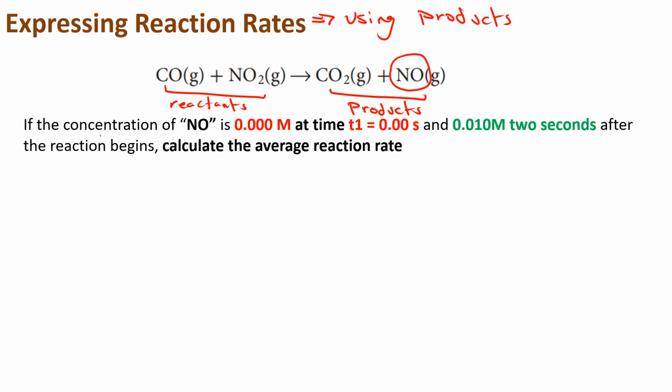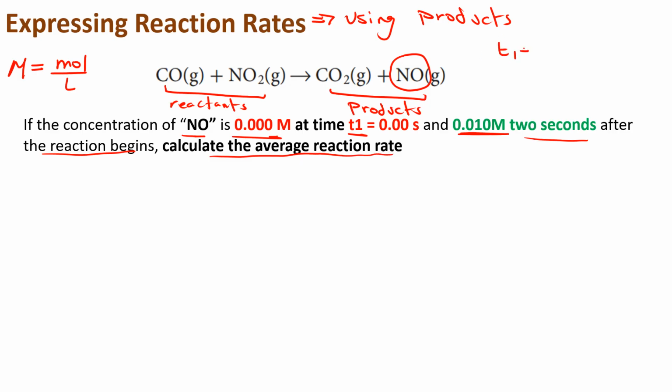And we'll focus on NO. So they tell you the concentration of NO is 0 molar, as I told you, M is actually mole over liter, the molarity, at time 1, 0 seconds, okay? And it became 0.01 molar 2 seconds after the reaction begins. Calculate the average rate of the reaction.